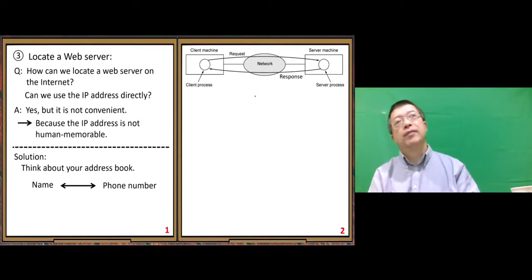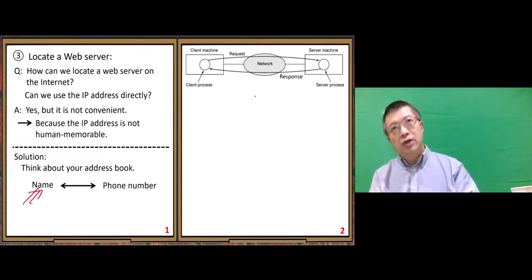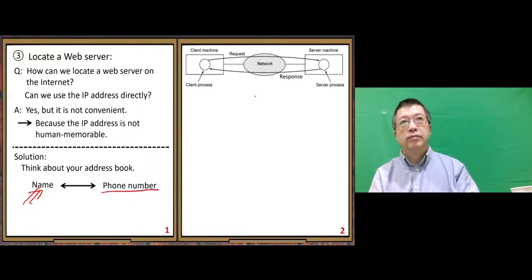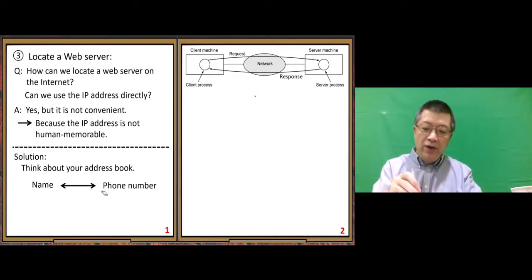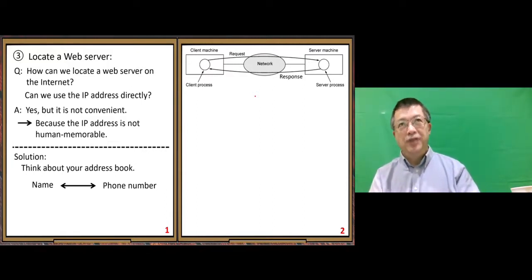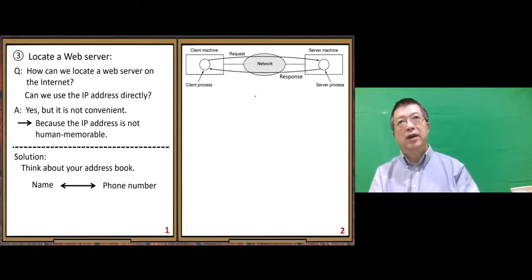Each name of your friends is human memorable, but the phone number is relatively harder to memorize. In your phone book, you have a one-to-one mapping, so you can look up the name easily, get the phone number, and then call.